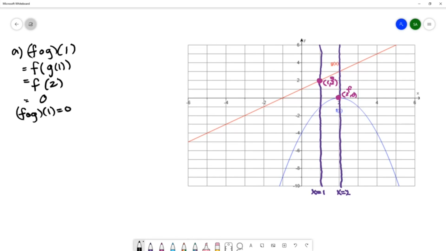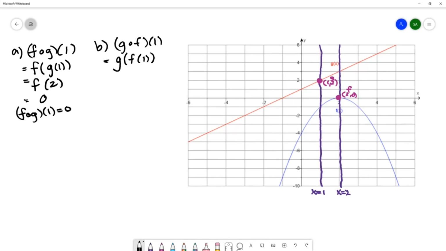So let's try another one. The next one we're going to work on is g composed with f of 1. Once again, this is the operation of composition. Composition is substituting one function inside of another function. So this time, because g is listed first, g is our outside function and f is our inside function.